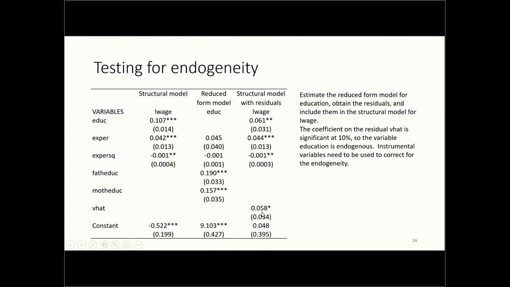And so because this coefficient is significant at the 10% level, we would conclude that the variable education is endogenous. And because education is endogenous, we would need to be using instrumental variables to correct for endogeneity.